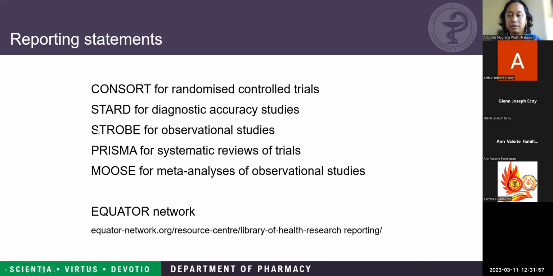And the newer the paper, the more they will follow this kind of reporting standards. There is CONSORT for randomized controlled trials, STARD for diagnostic accuracy studies, and so on. This makes it easier to understand or to study.